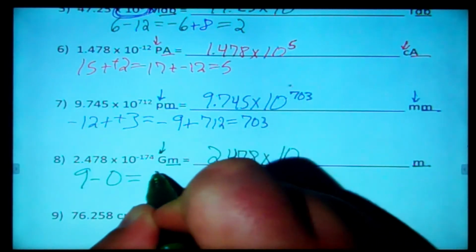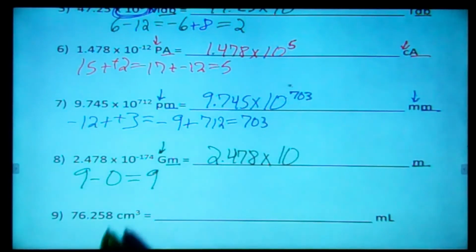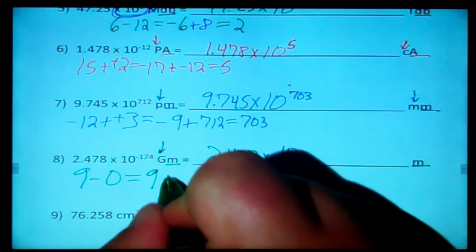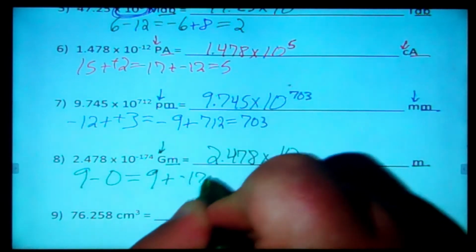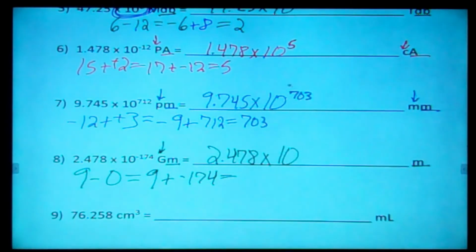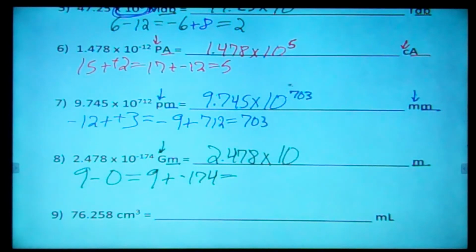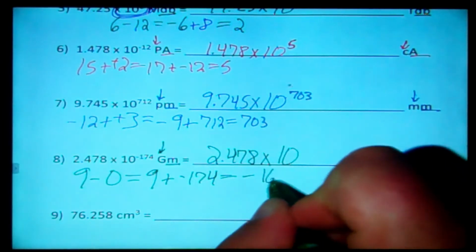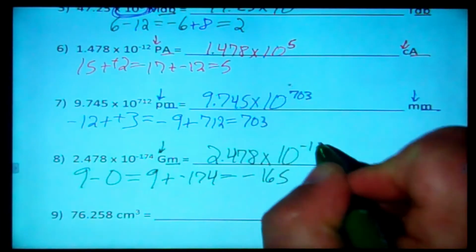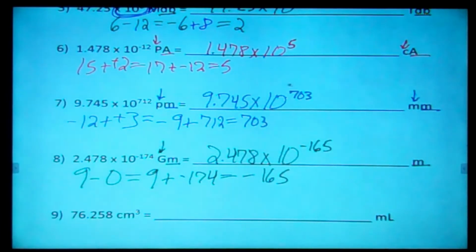So that is 9. There's no exponent, so I don't multiply, but I do have to add this negative 174. So 9 minus 174 gives me a negative 165. So 2.478 times 10 to the negative 165.